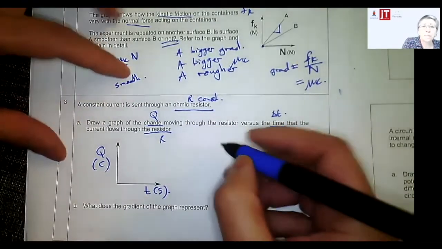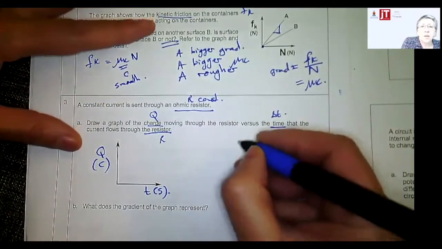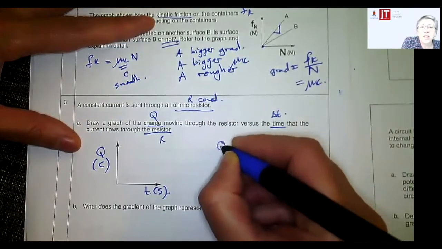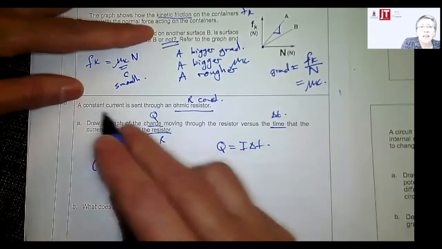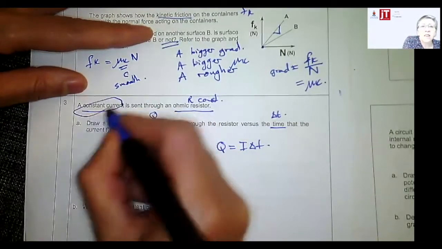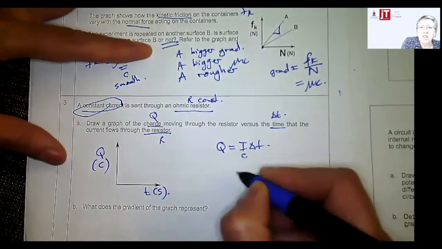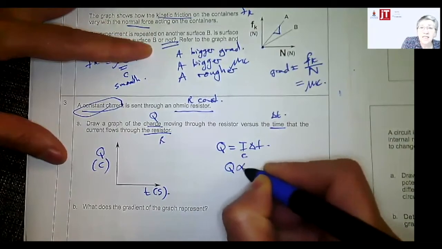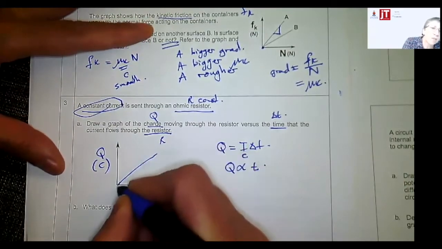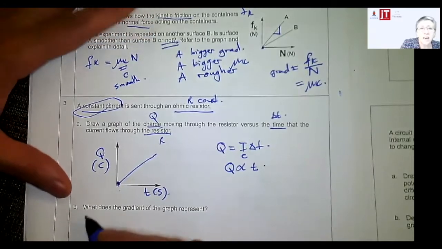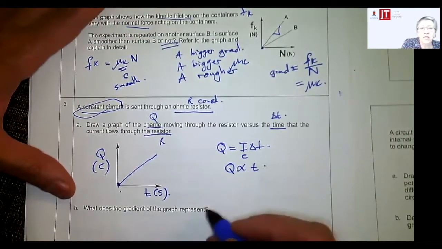Right. So you're looking at Q and T, and you've got an equation that says Q equals I delta T and a constant current. So my current is constant, and therefore my charge is directly proportional to the time. And I've got a straight line through the origin. And now they ask, what does the gradient of this graph represent?